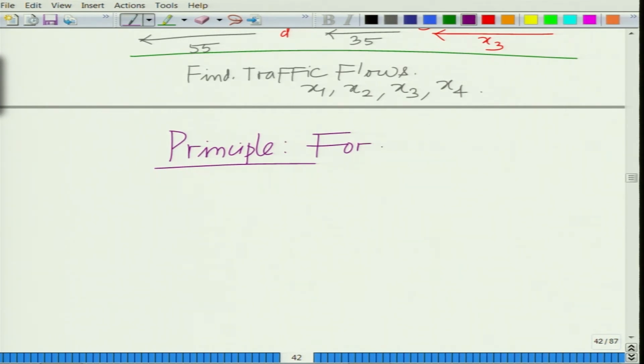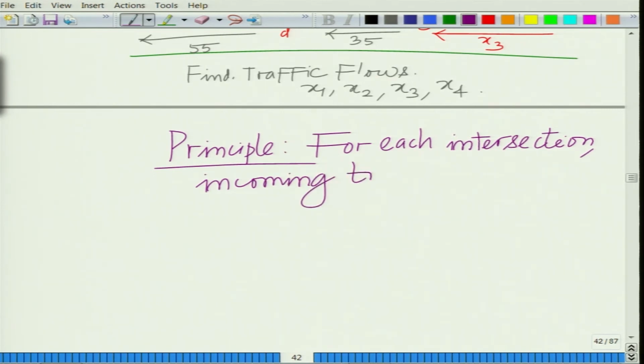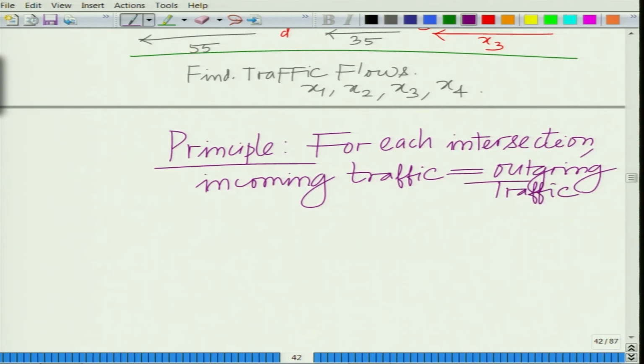For each intersection, incoming traffic has to be equal to outgoing.